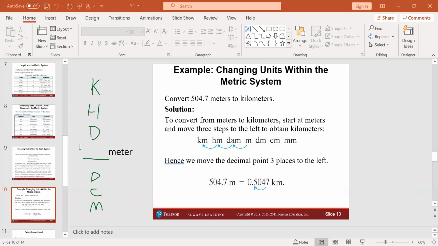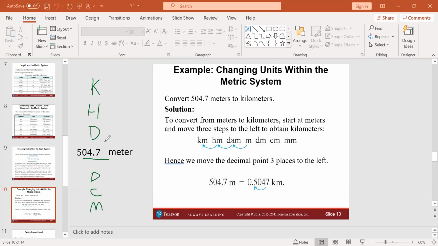And in this case, we're going to have 504.7 meters, which is kind of a lot of space. That's not something I would want to walk in just a couple minutes. I'd have to run to do that, and I might not even be able to. So we have 504.7 meters. We want to convert it to kilometers, which is up here at the top.